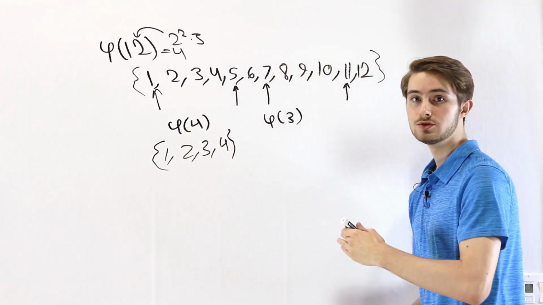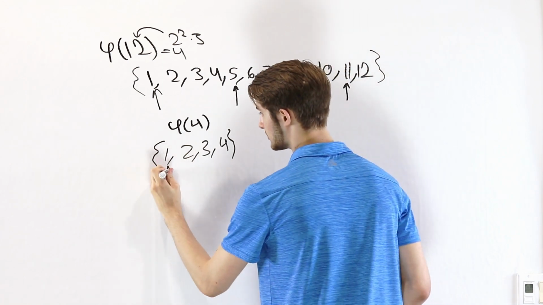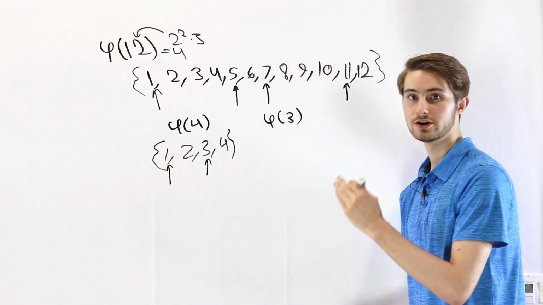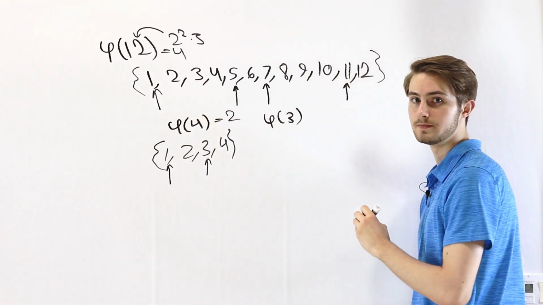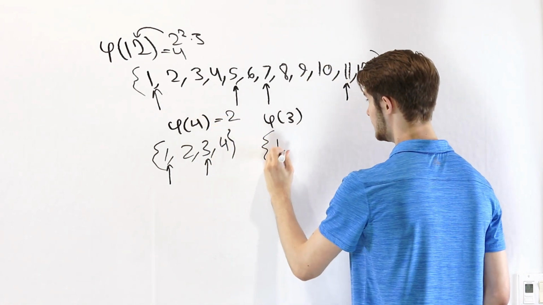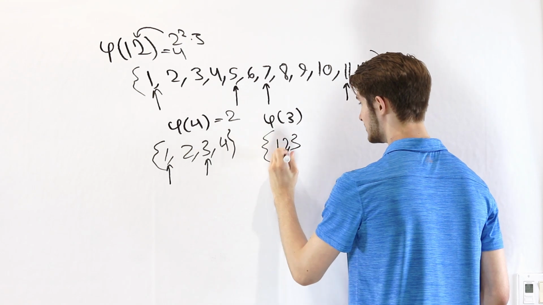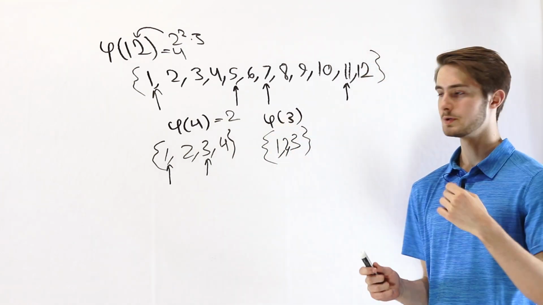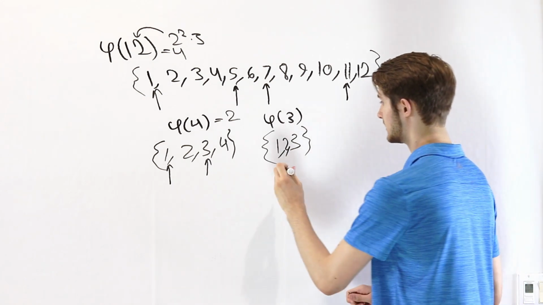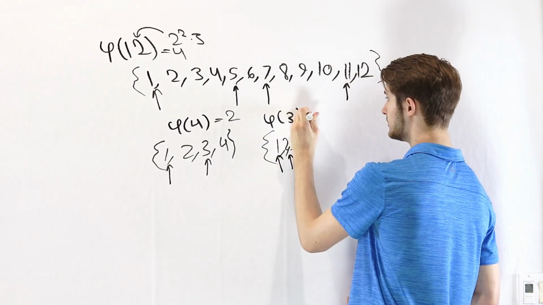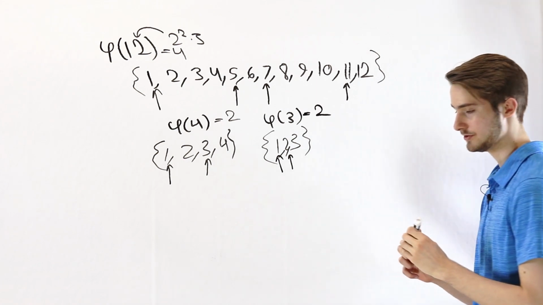Since 4 is 2 squared, that's all the odd numbers. So 1 and 3 share no factors with 4, and that means phi of 4 is 2. Similarly for phi of 3, we're looking at the set 1, 2, 3. So we want all the numbers in here that don't have a factor of 3. That's going to be 1 and 2, which means phi of 3 is equal to 2.